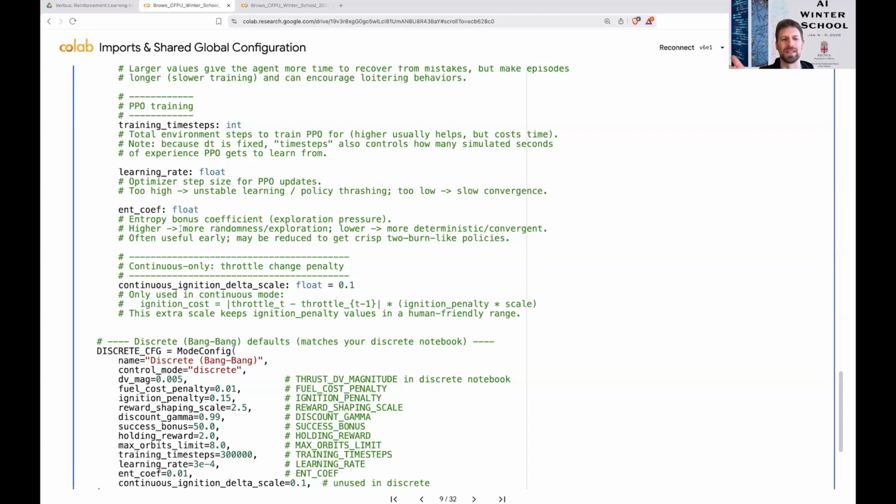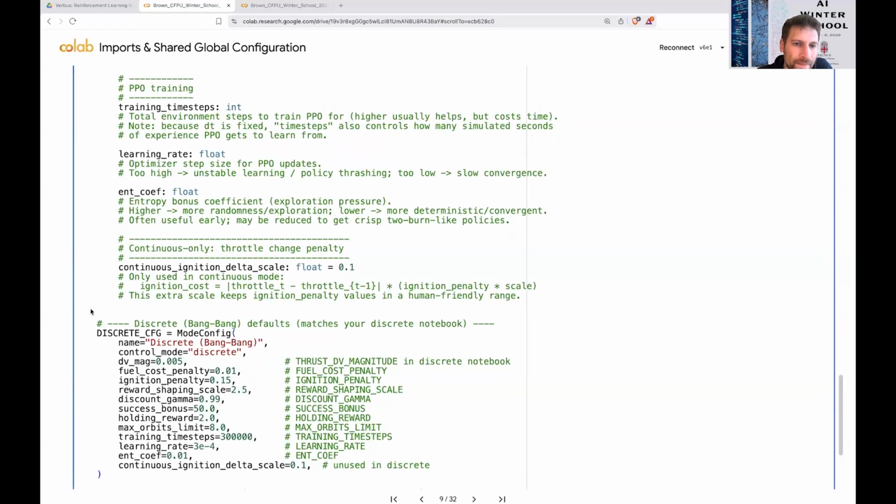It dictates how much you explore in your actions. It makes it harder to converge if you have high entropy here, but you get more exploration of interesting trajectories. You are more likely to converge with lower entropy, but maybe you don't get to explore as much. So there's some balance there.